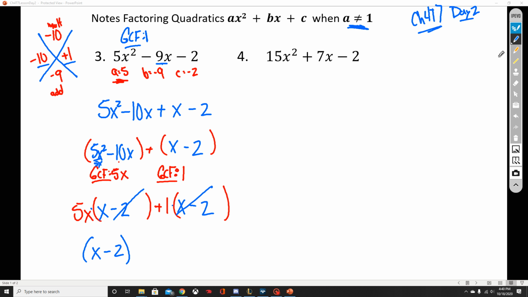So if I factor out that x minus 2 that they have in common, then I will have 5x left for the first term and 1 left for the second term, the stuff that's in red. This would be my factored form. X minus 2, 5x plus 1. And this is my factored form for number 3.